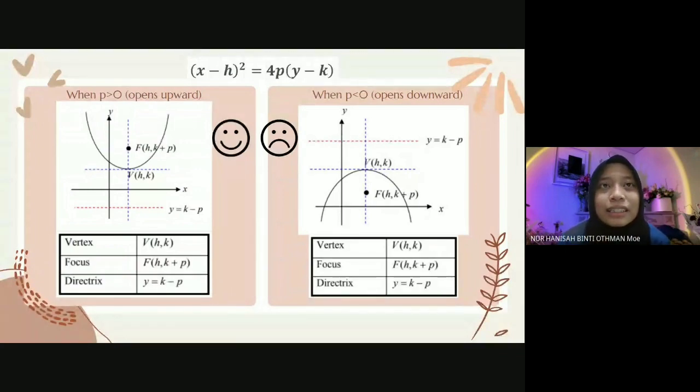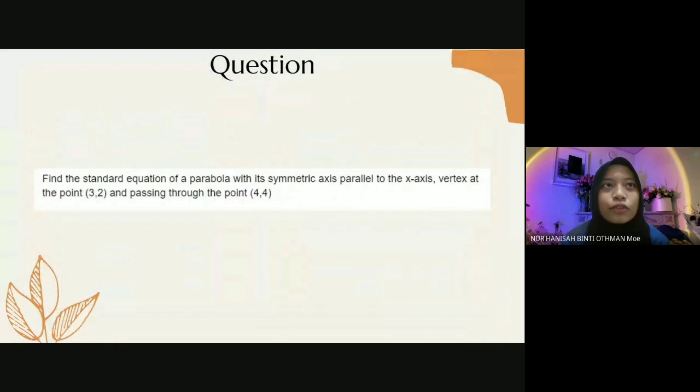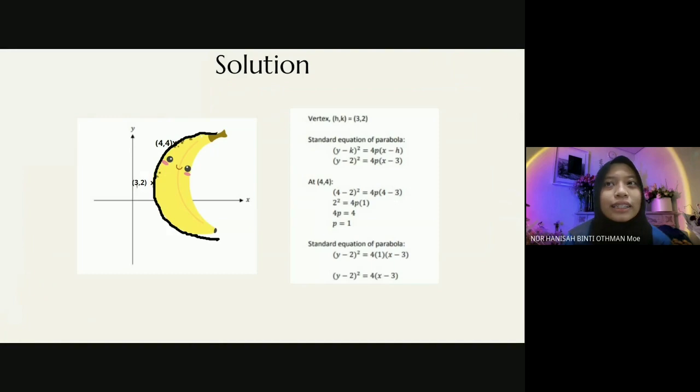Okay, next. This is an example of a question which includes a parabola. Find the standard equation of a parabola with its symmetric axis parallel to the x-axis, vertex at the point (3, 2) and passing through the point (4, 4). This is the solution. First, it is easy if you sketch the graph first.